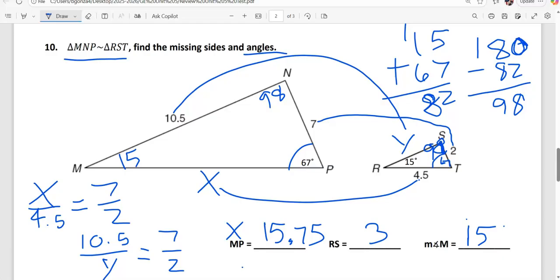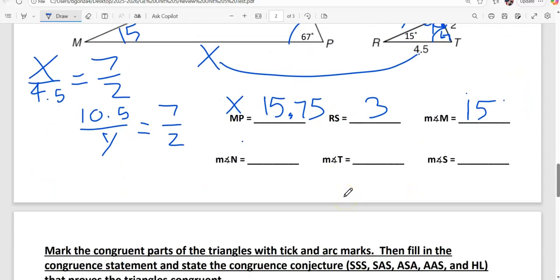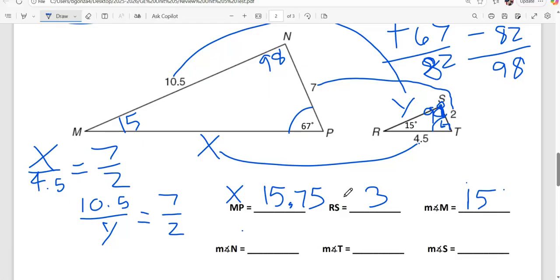All right. Angle N we found was 98 degrees. Angle T we found was 67 degrees. Angle S is 98 degrees. Right.